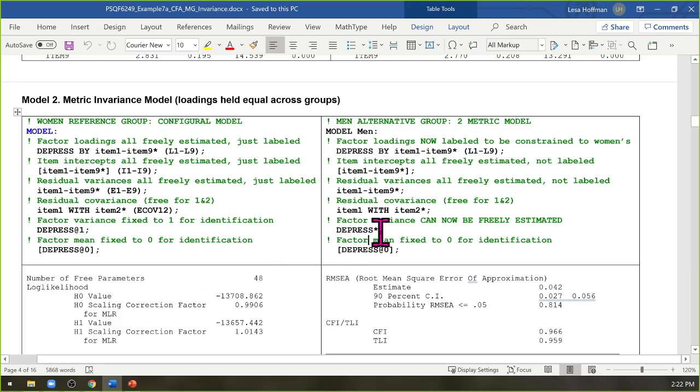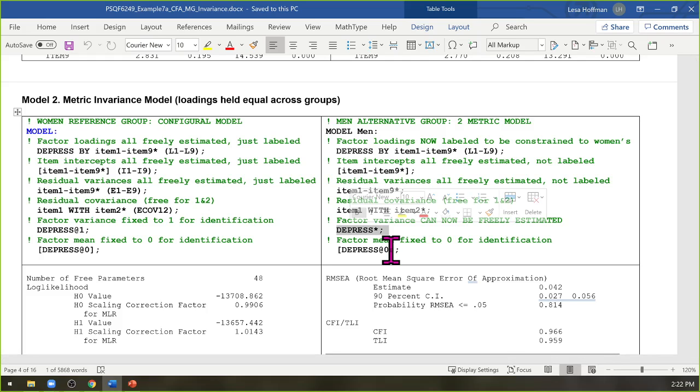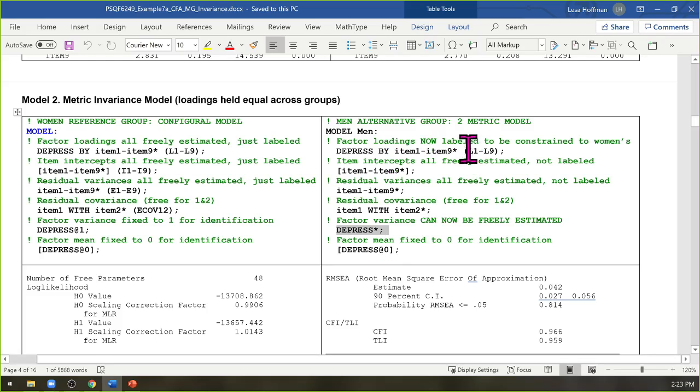So if this factor variance were estimated to be a number greater than 1, I could infer that men are more variable in their latent traits than women. And if the factor variance were estimated as less than 1, I could infer that men are less variable. So we can make group comparisons now with respect to the loadings and factor variances because of these additional constraints.